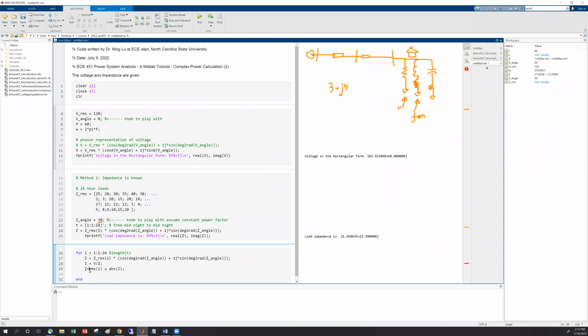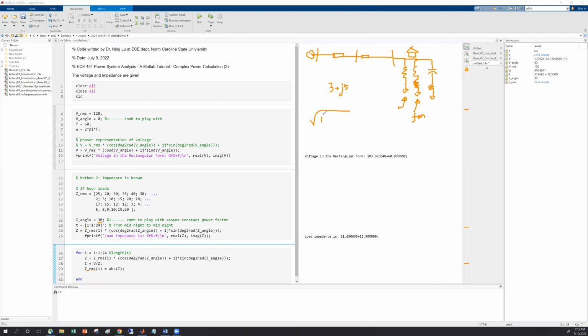If I want to know the RMS value, I need to calculate ABS. ABS computes the magnitude, basically the real part squared plus the imaginary part squared, under a square root. So this will be the ABS value, okay?